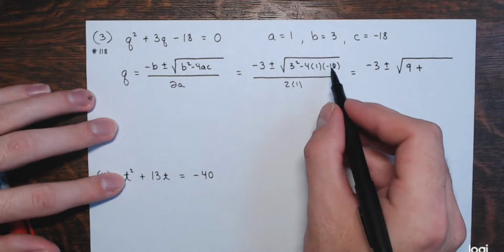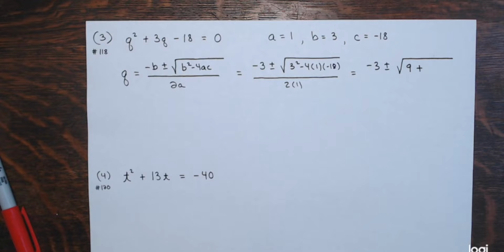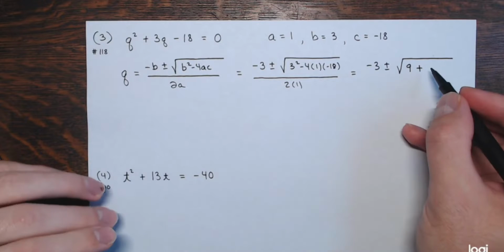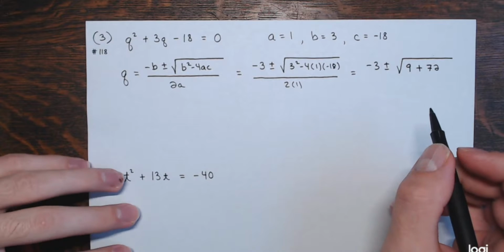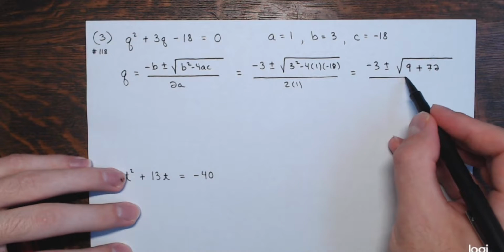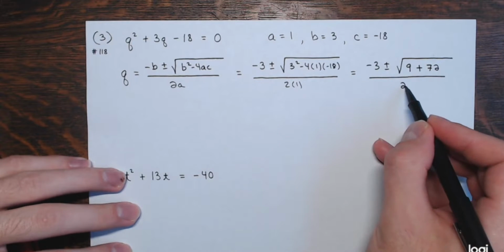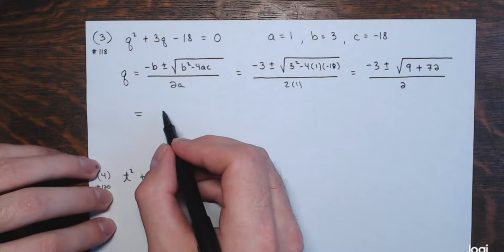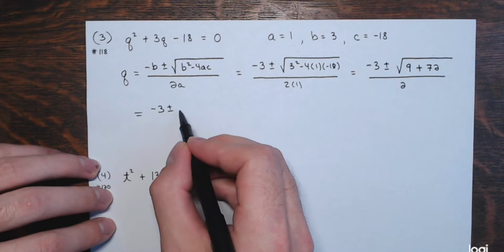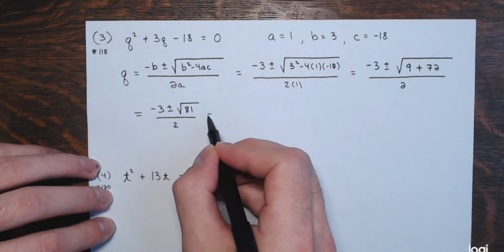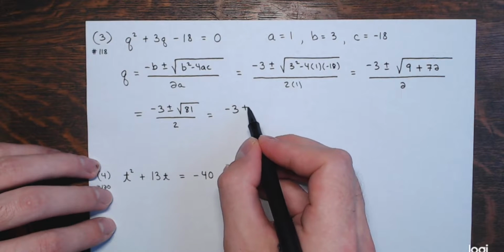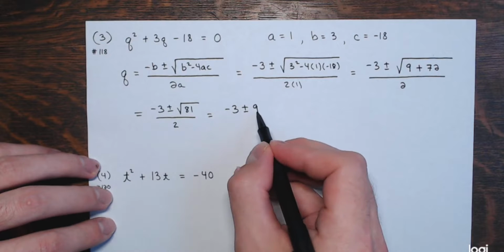And then really we just have 4 times 18, which would be 72. All this divided by 2. And that's negative 3 plus or minus the square root of 81, all divided by 2. That's negative 3 plus or minus 9 divided by 2.